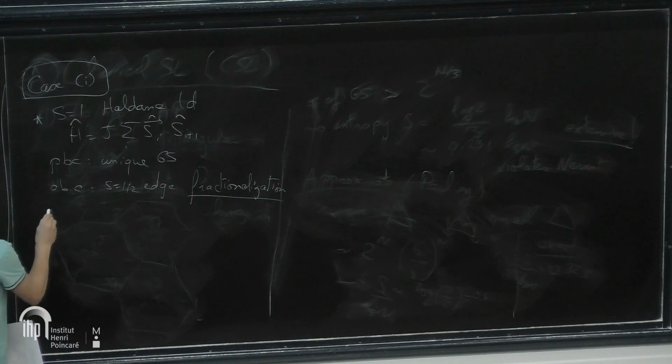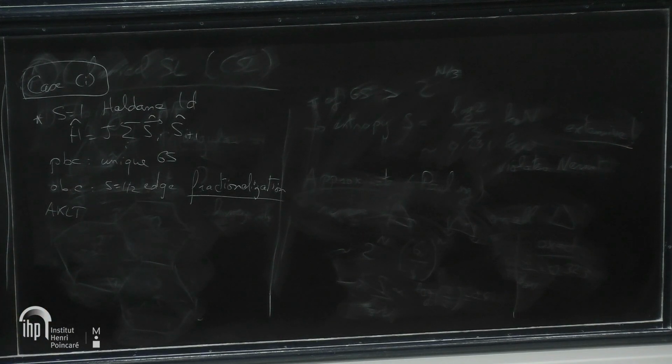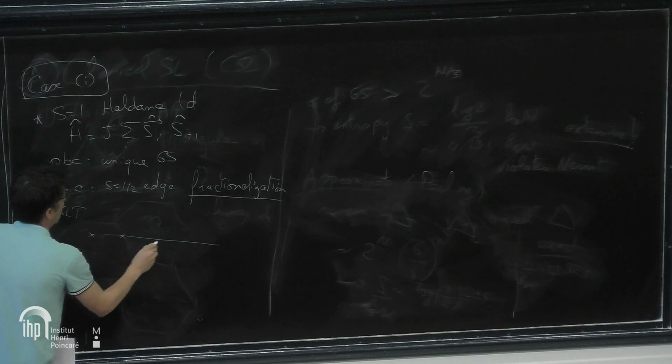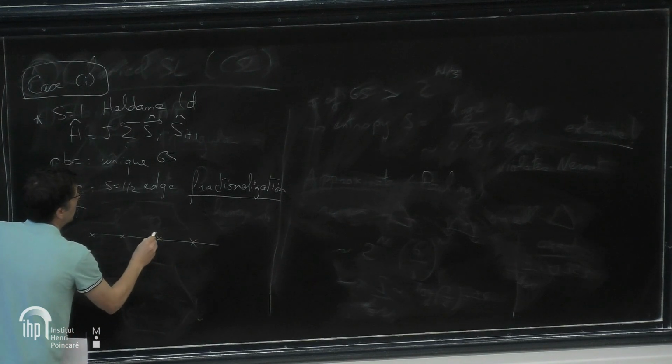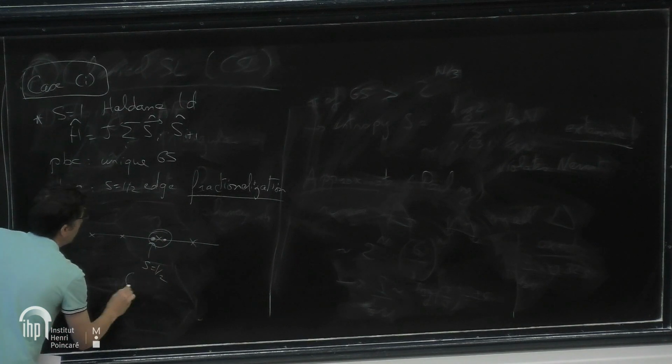So the best picture was provided by AKLT, Affleck, Kennedy, Lieb, Tasaki. It's a modified model for which we can construct exactly the ground state. And each spin 1, you can view it as 2 spin 1/2 symmetrized. So it's a virtual.